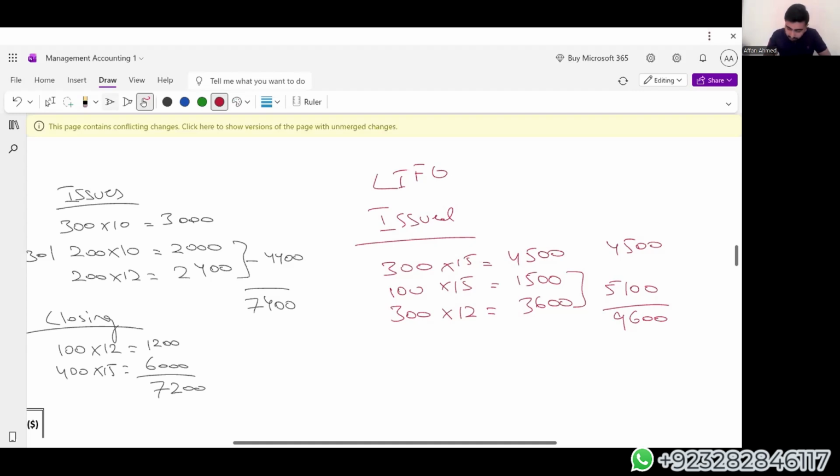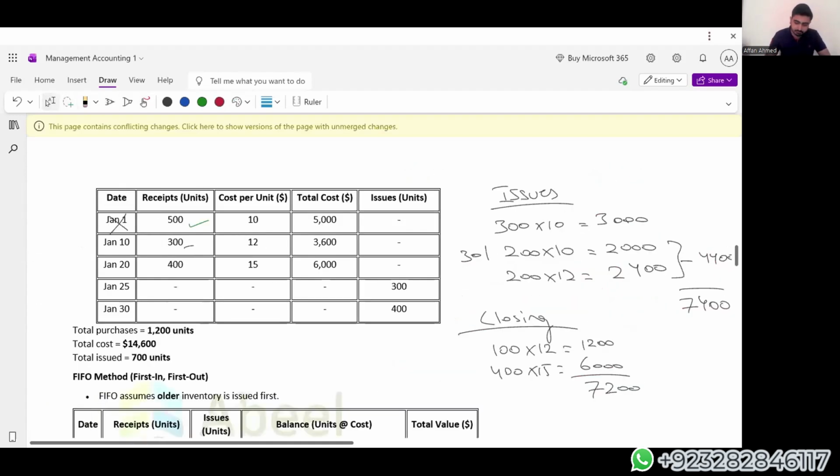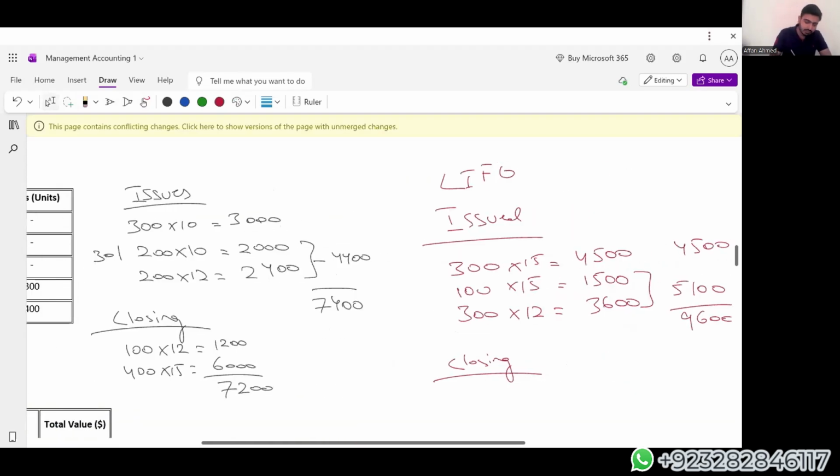And if I look at the closing inventory, how many units is it? I have only the starting units of 500 left. So the closing inventory is reduced here. So 500 into 10 gives me 5,000 only. I believe this was easy for you guys for LIFO.